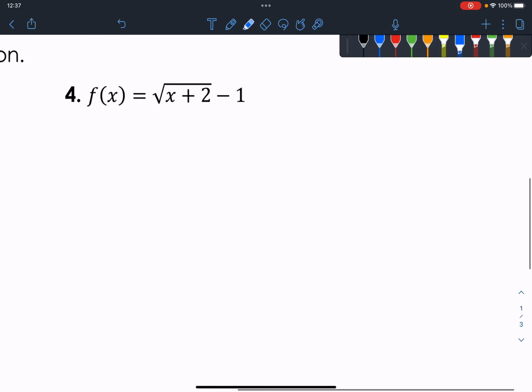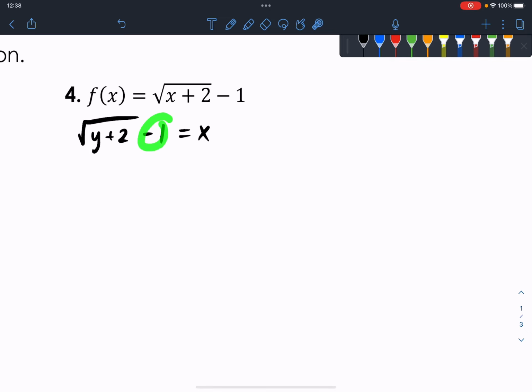For number 4, we start by switching again the x with the y. So the square root of y plus 2 minus 1 equals x. Here, we'll start by adding the 1, moving this to the other side. So we're going to add that 1 to both sides. We're going to now take the square root to get rid of the square root.